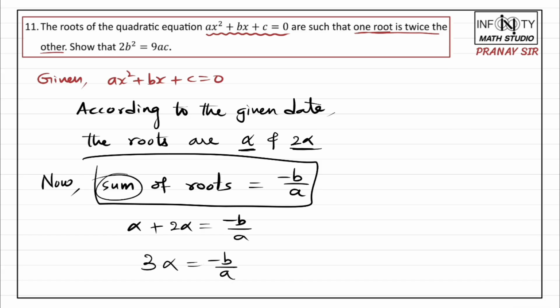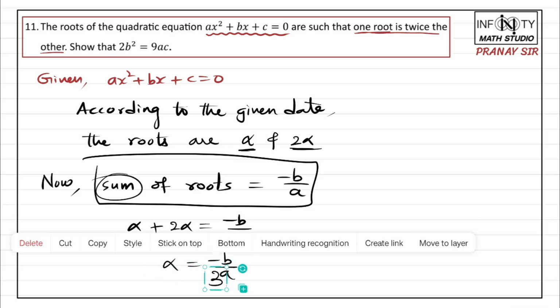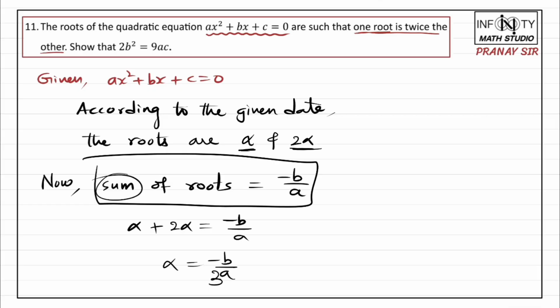If I transpose this 3 to this side, it becomes denominator, right? So I got alpha is equal to minus b by 3a. Next, let us take the product of the roots. Product of roots is equal to the formula c by a.